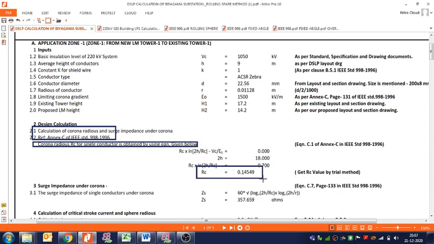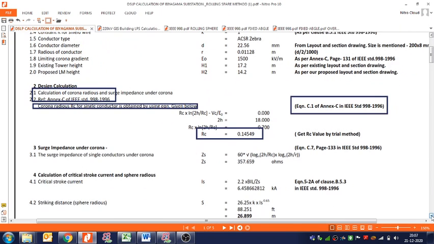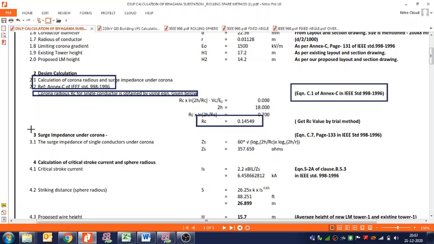We take equation C.1 of Annex C in IEEE 998 to calculate the corona radius. Thereafter, we calculate the surge impedance under corona, ZS, using equation C7, page 133 of IEEE standard 998. So basically we calculate the corona radius, the surge impedance under corona, and then the critical stroke current.